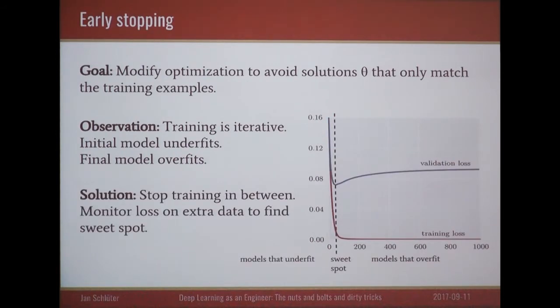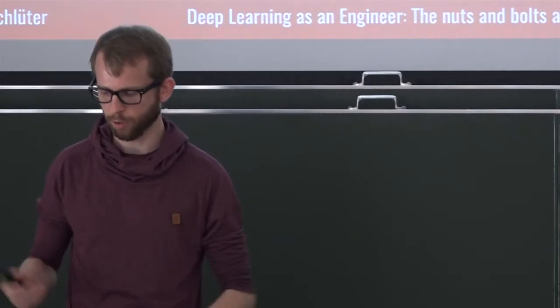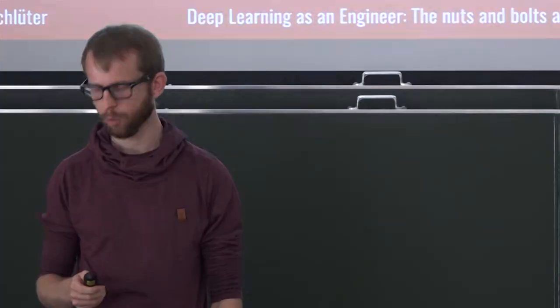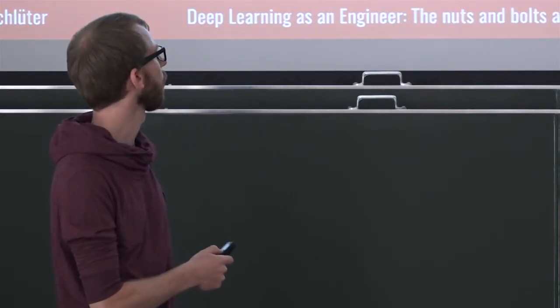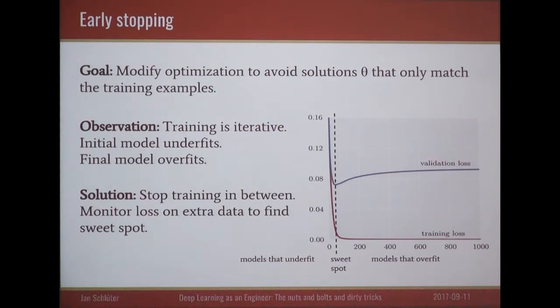So somewhere in between, there should be some sweet spot, which is before we have all the models that underfit, afterwards we have all the models that overfit, and in between there should be a model that neither underfits nor overfits. And we can monitor the loss on an extra data set that is not used for optimization to find the sweet spot.